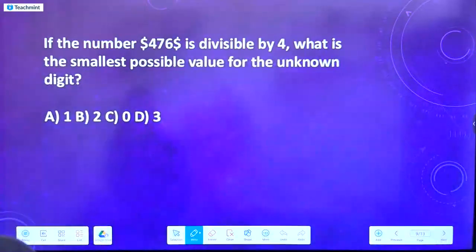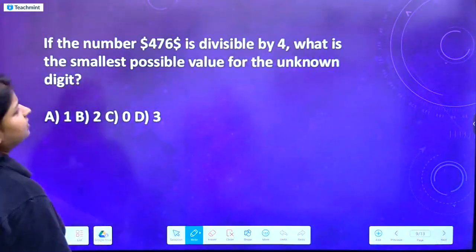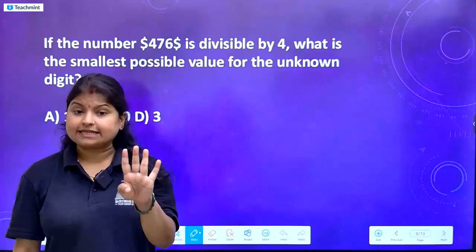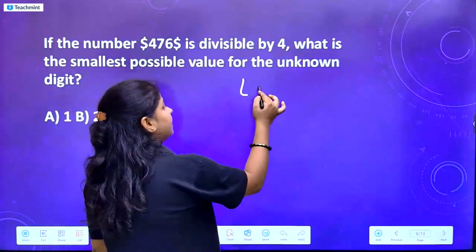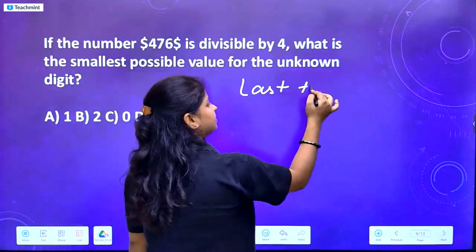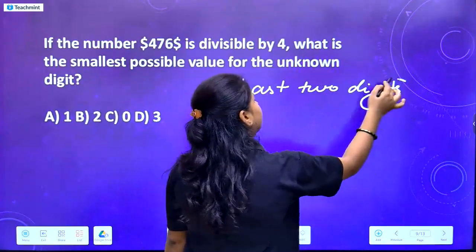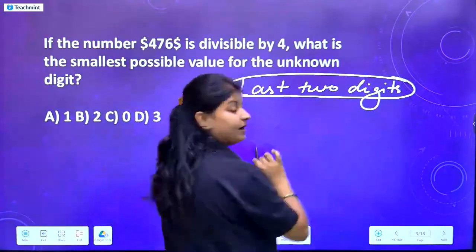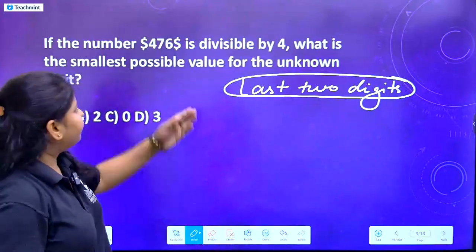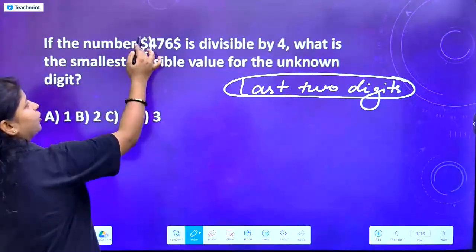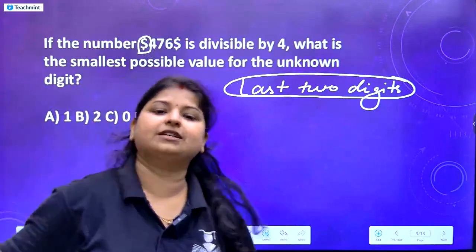What was the divisibility rule of 4, beta? The divisibility rule of 4 says that the last 2 digits should be divisible by 4. Forget about this first dollar, because I don't care about it.